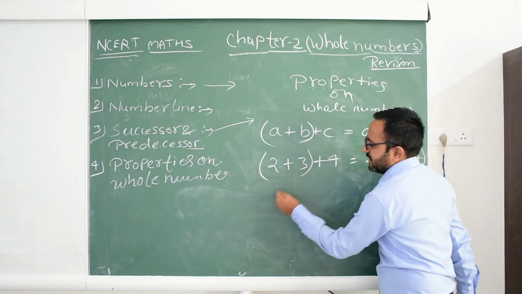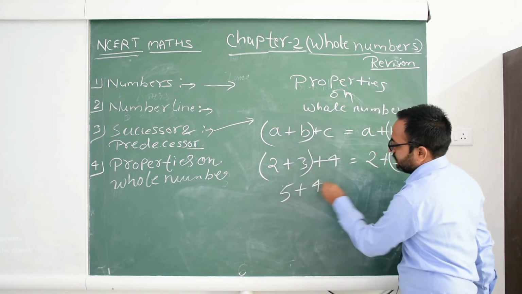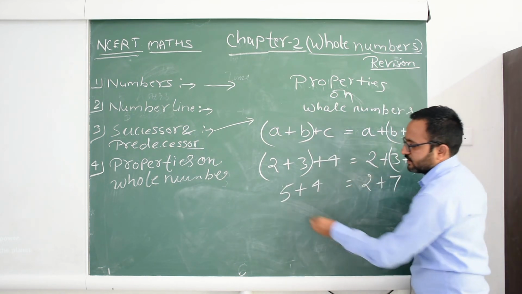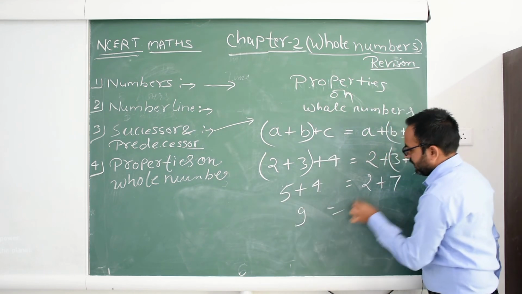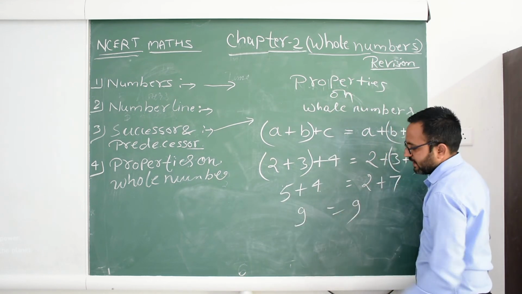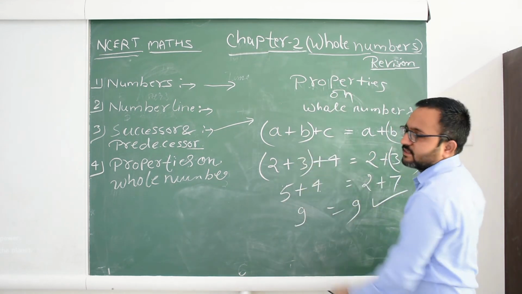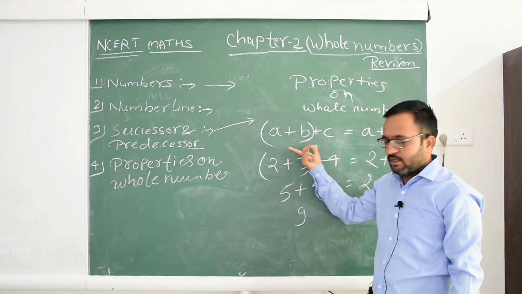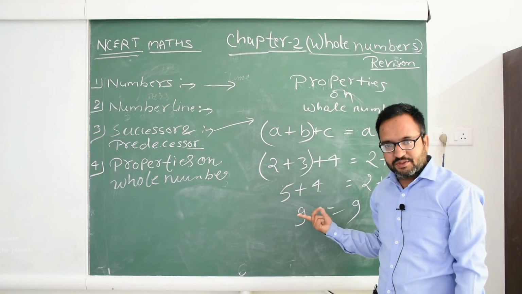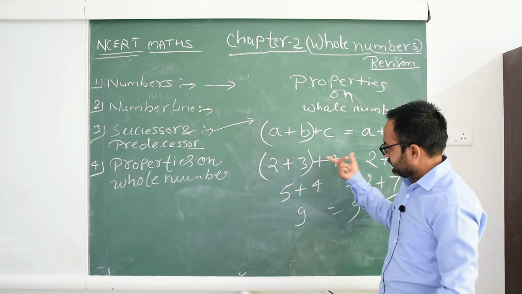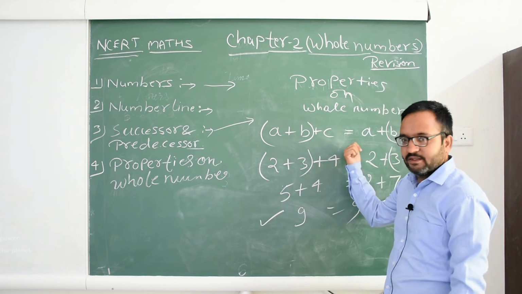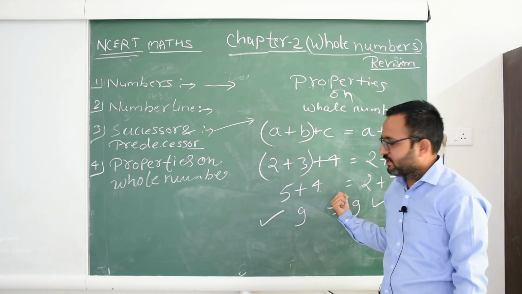So 2 plus 3 is 5, plus 4, and here 3 plus 4 is 7. So 5 plus 4 is 9 and 2 plus 7 is also 9. So addition is associative. In the case of addition, the numbers are associative under addition.